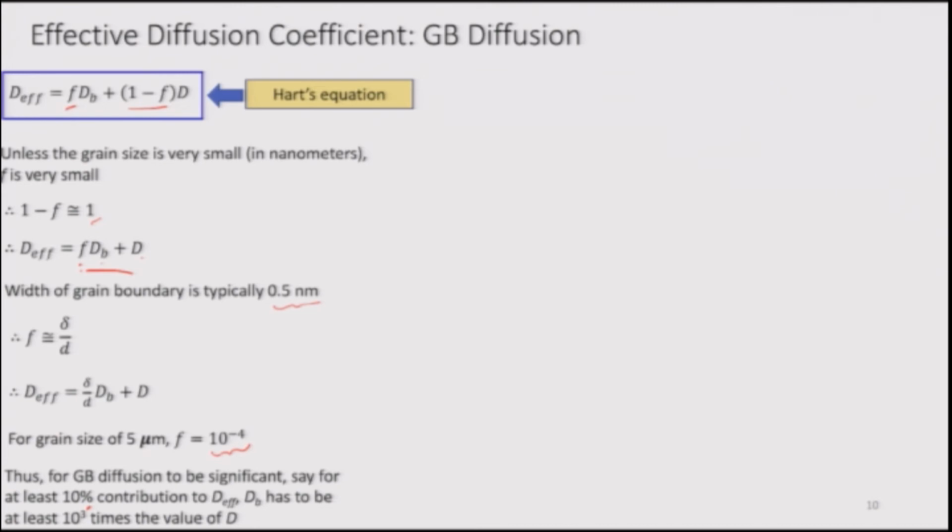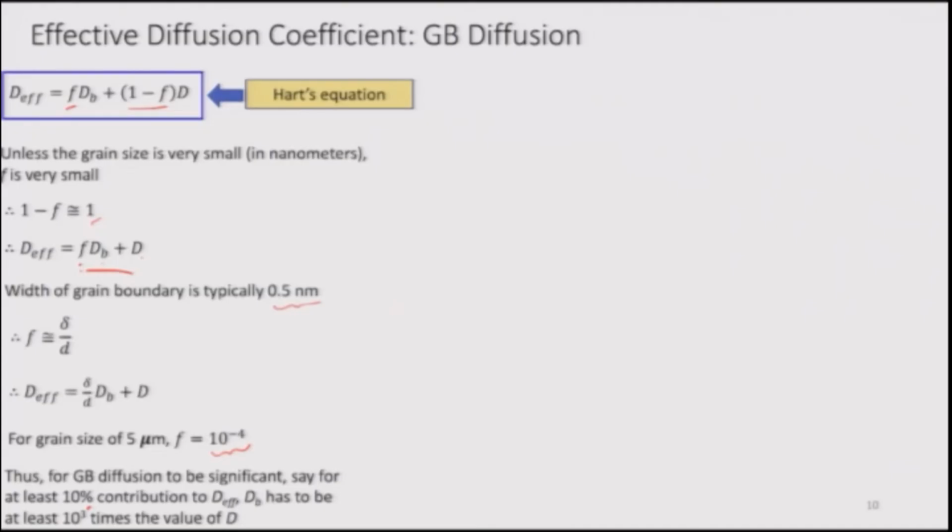Also, we can see if the fraction F increases, the grain boundary diffusion term will dominate, but for this fraction F to be significant, the grain size has to be very small, in few nanometers. So, if the grain size is in few nanometers, again even at higher temperature the grain boundary diffusion may dominate.